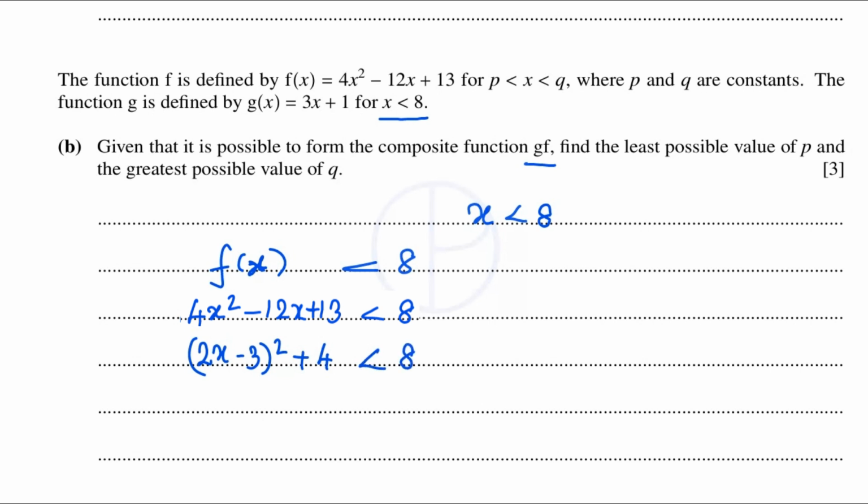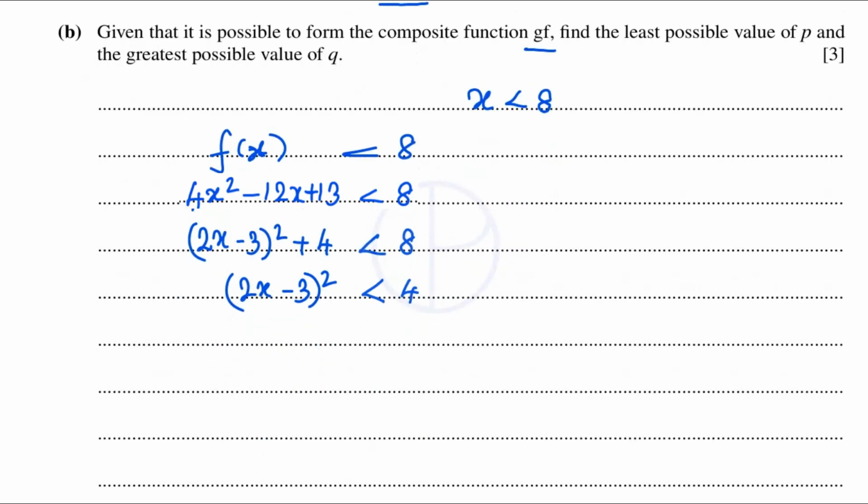If you subtract 4 on both sides, you get (2x minus 3) the whole squared is less than 4. That means 2x minus 3 lies between plus or minus 2. 2x minus 3 will lie between negative 2 and positive 2.